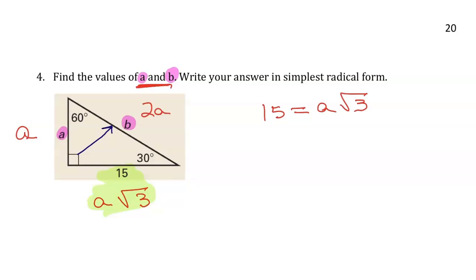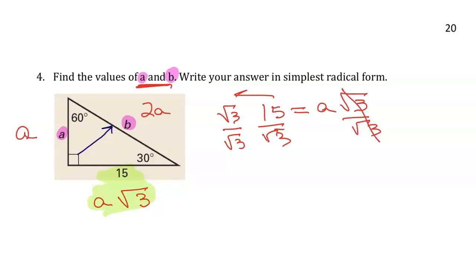I want to figure out what A is so I can give value lengths for the leg and the hypotenuse. So get A by itself. Divide by root 3, divide by root 3. That cancels. What did we say about radicals? You cannot keep them in your denominator. You've got to multiply by radical 3 over radical 3. That is called rationalizing.